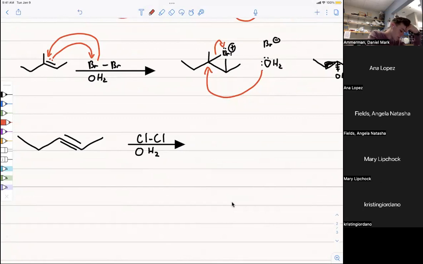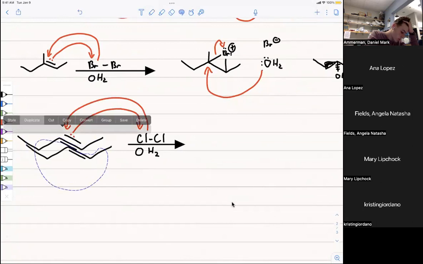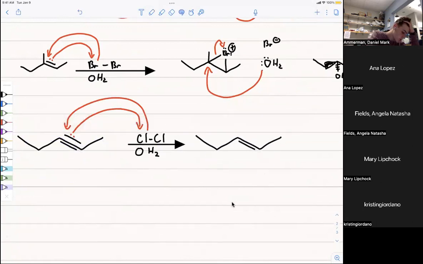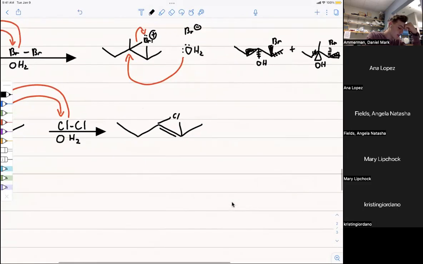So same thing happens here, where we make our 3-membered ring. And then we have our water. Again, it's a better nucleophile than the Cl is. So the water is going to add instead.